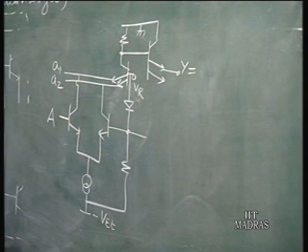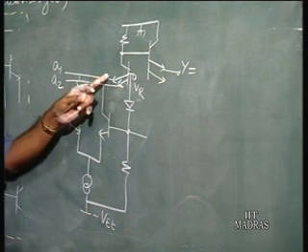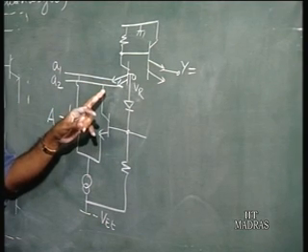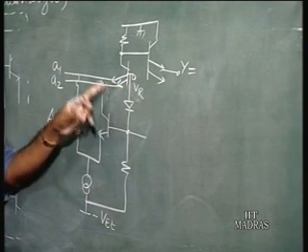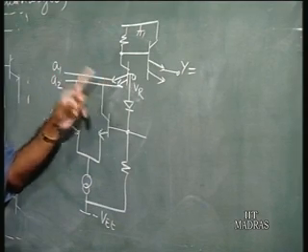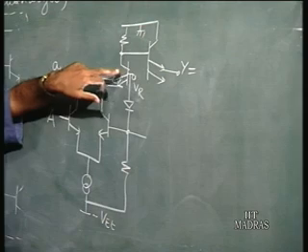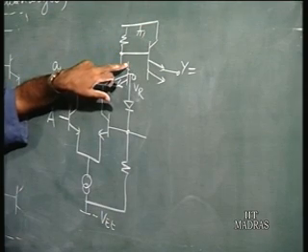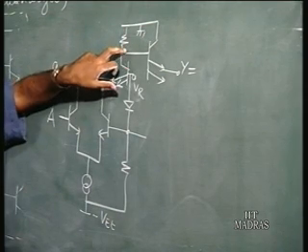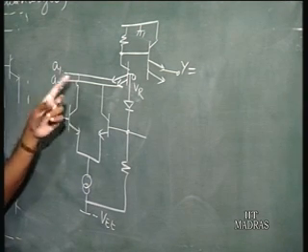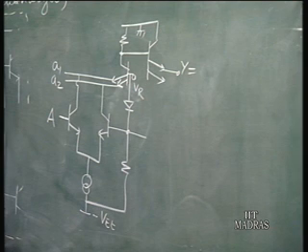So, when is Y high? Again, Y is going to be high when both the emitters are not conducting, when emitter 1 and emitter 2 are not conducting. Only in that case the collector current of this transistor is not 0, and there is no drop across this resistance, and the output is going to be high. Now, if you call this emitter 1, when is emitter 1 not conducting?